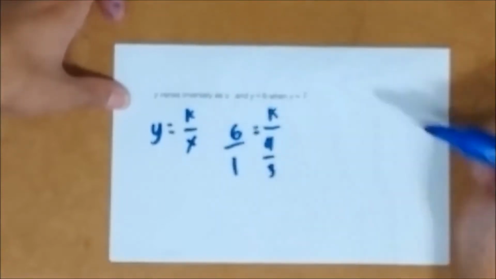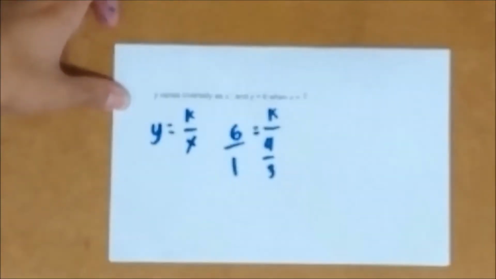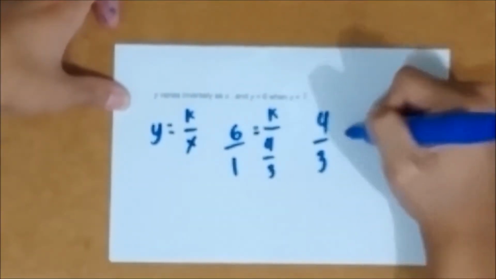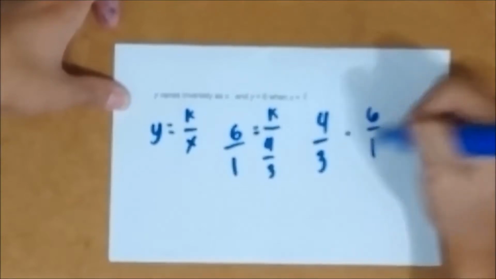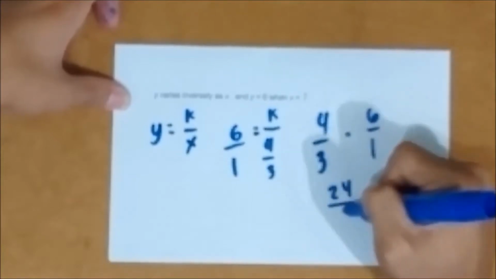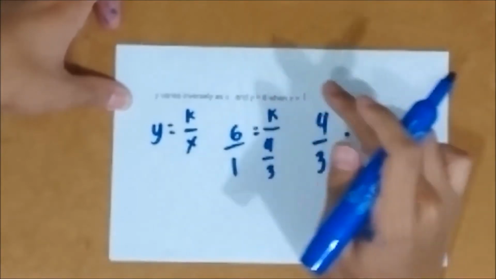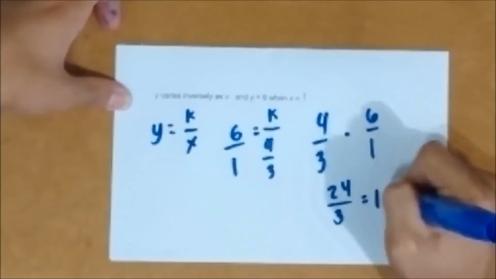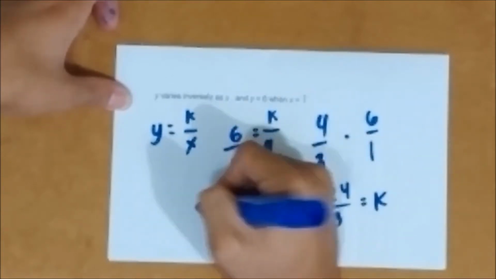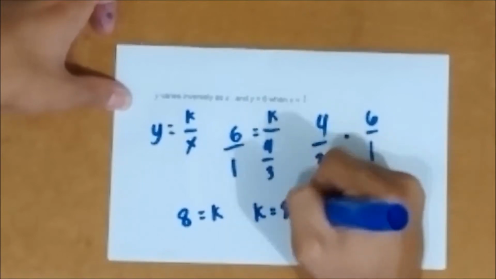Cross multiply. 4/3 times 6. 4 over 3 times 6 over 1. It's 24 over 3. And then 1 times k is k. Now simplify. 24 over 3 is 8, right? Therefore, 8 is equal to k, or k equals 8. There.